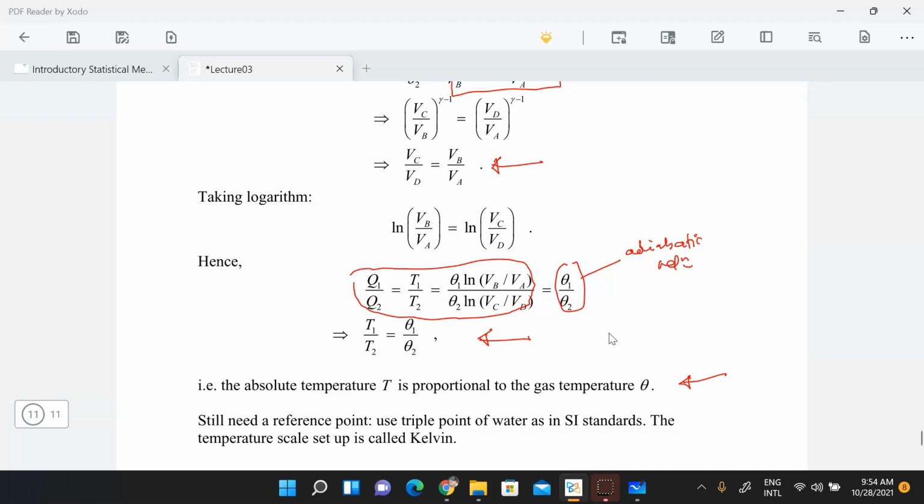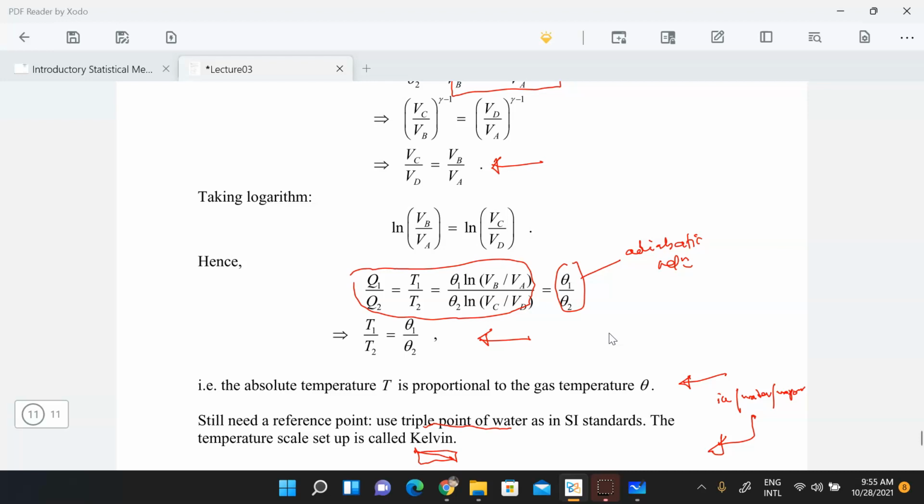The standard is to use the triple point of water, where the phases of ice, water, and vapor coexist. They coexist at this point called the triple point of water, and that will be set as the reference point or reference temperature. And once you do that, one gets what we call the Kelvin scale.